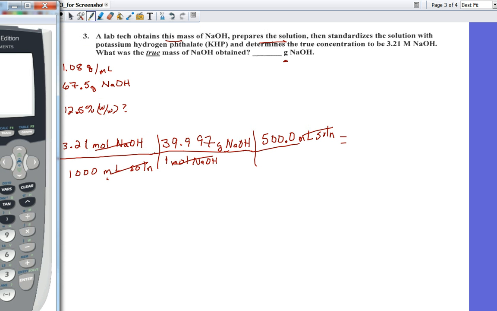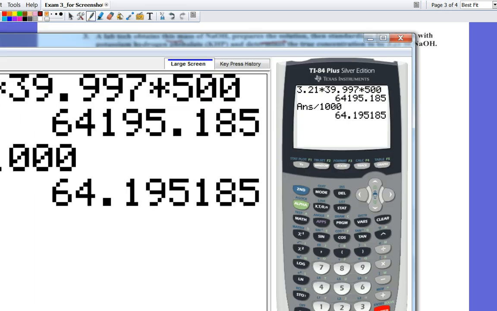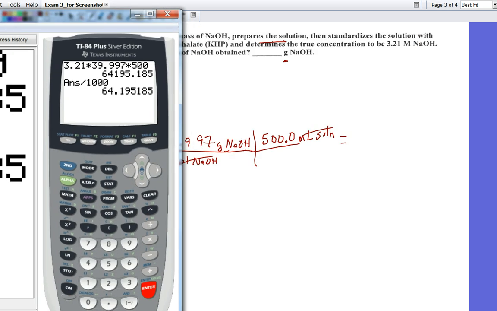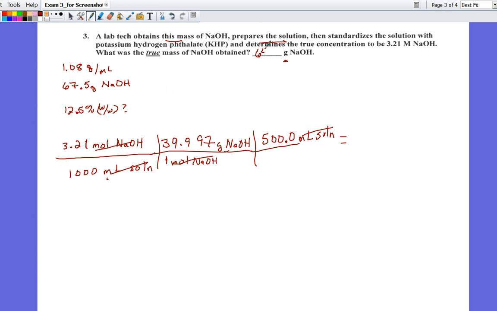So I'm going to multiply straight across: 3.21 times 39.997 times 500 divided by 1,000. That gives 64.2. See that? So it's 64.2 grams actual sodium hydroxide. This number is less than what we weighed out, which is what we'd expect, because you're not getting just pure sodium hydroxide when you weigh it out.